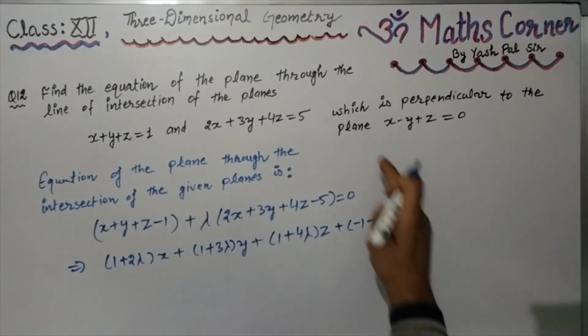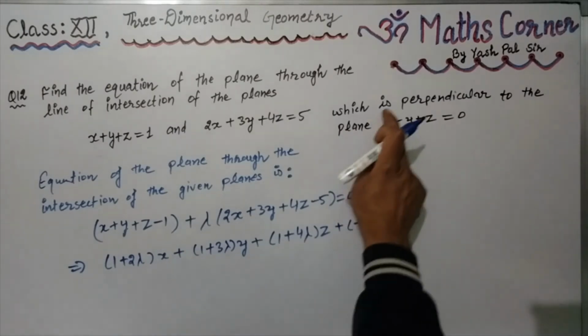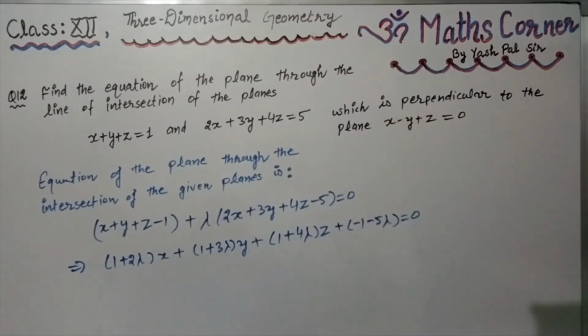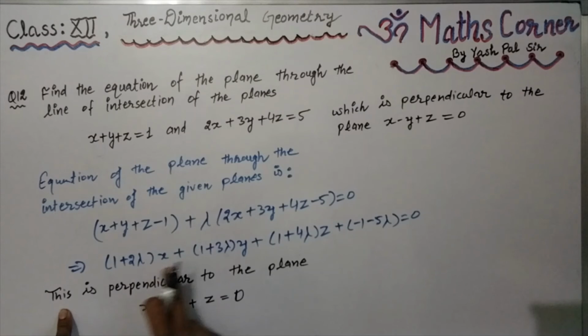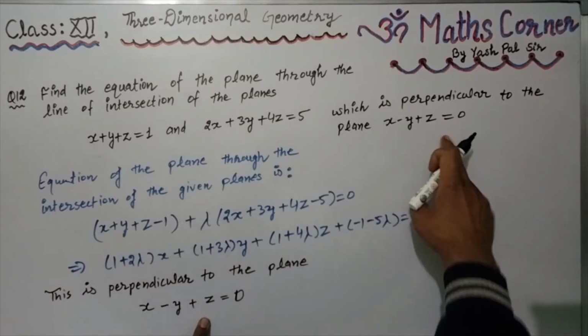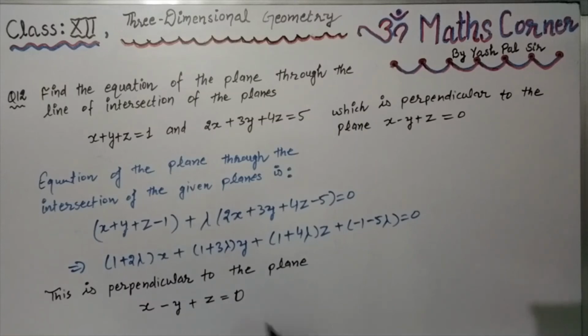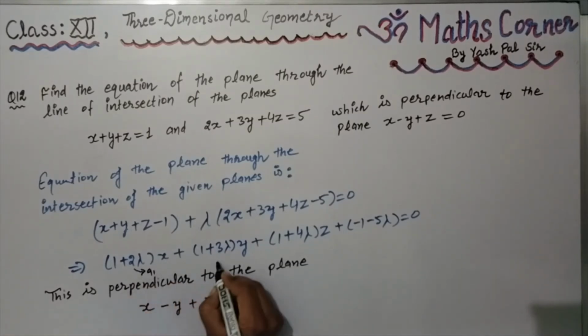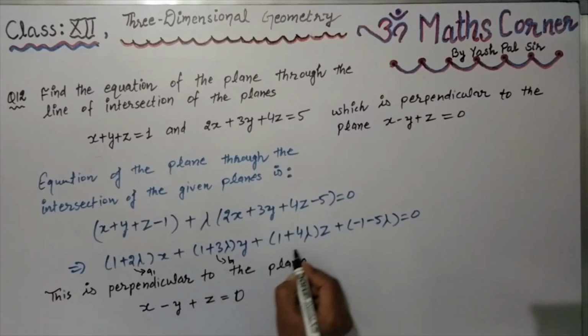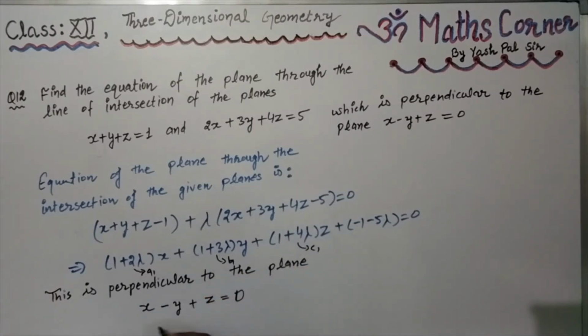Right? Now it is given that this required plane is perpendicular to the plane x - y + z = 0. So what is the condition? This is a1, this is b1, this is c1.